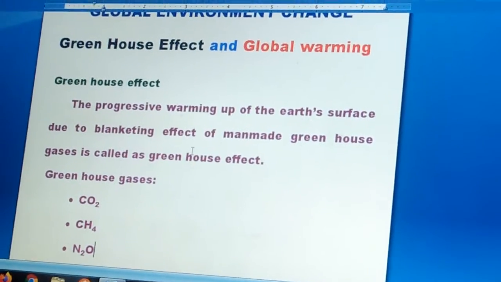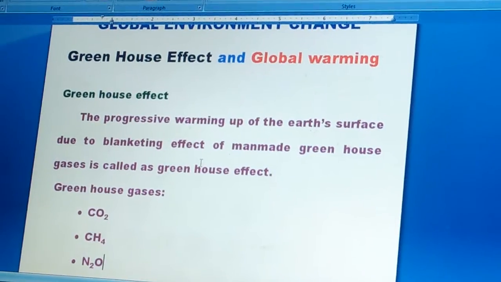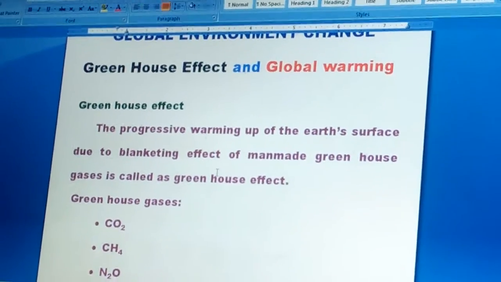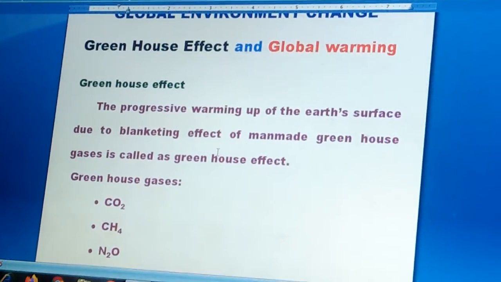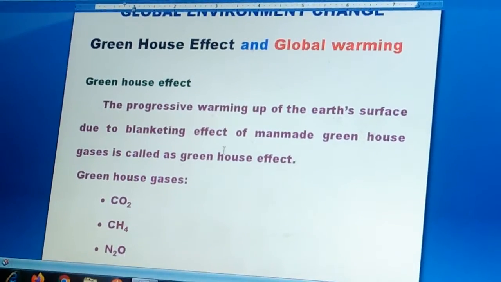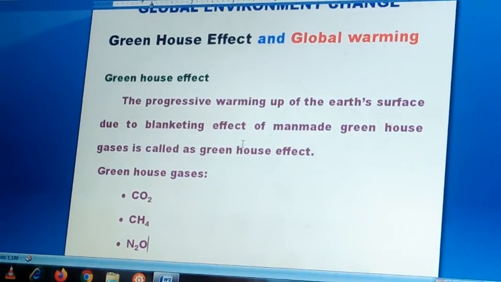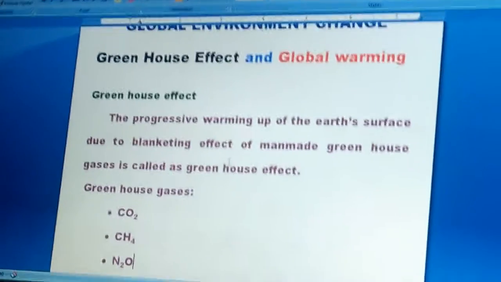What is blanketing? Here, the ozone layer is acting as an umbrella for us. It is screening us from the harmful UV rays coming from the sun. This blanket, our umbrella, is now depleted because of man-made activities.